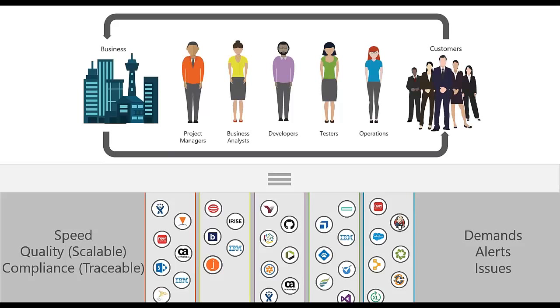So we have a lot of responsibility, not only from the outside world, but also from the inside world. We're going to make sure this software is working up to par. As part of that, we're in charge of that balance between speed and quality, but we're also responsible for the compliance aspects of things.